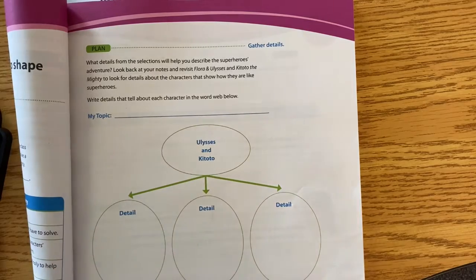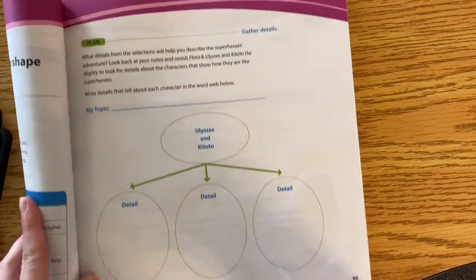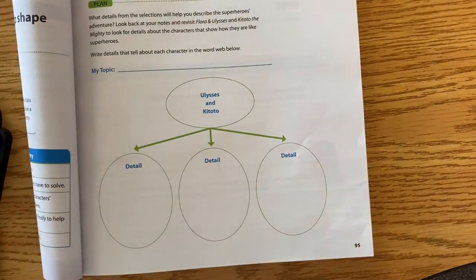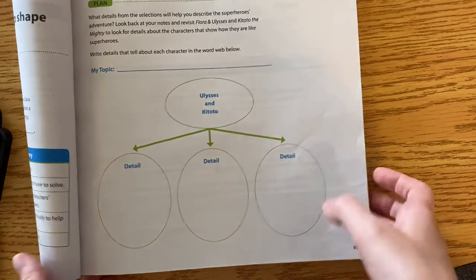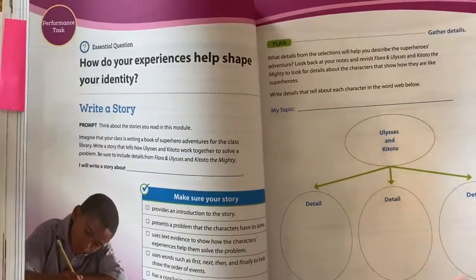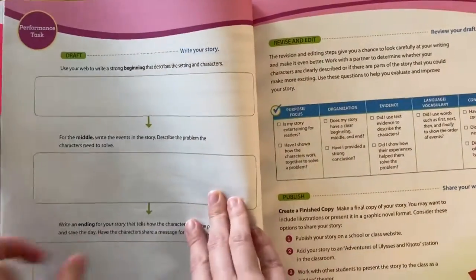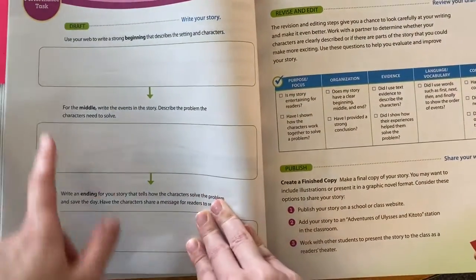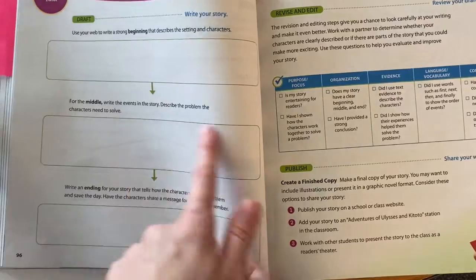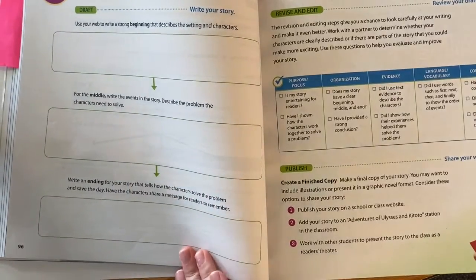You can think of details that you've already read about them that you can include in your story. Include details about what's going to happen, their traits, their actions, what are they like. And then you can draft your story. Think about the beginning, the middle, and the ending.